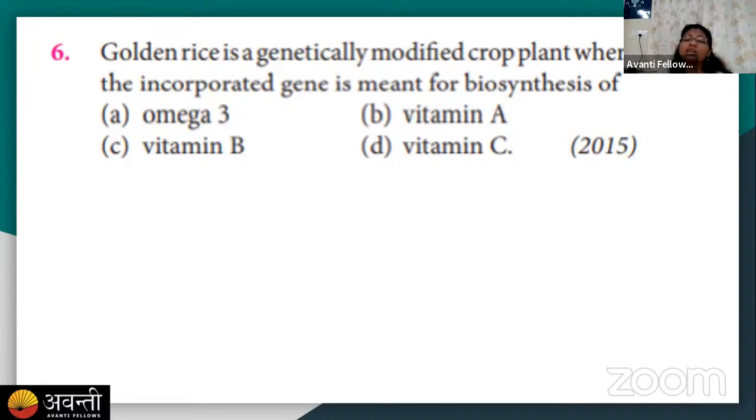We have just discussed that we are making the golden rice to eliminate the deficiency of.